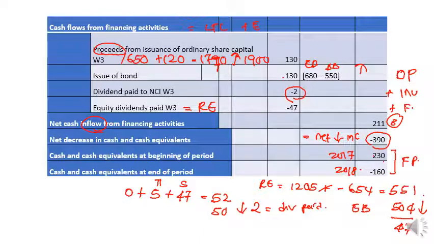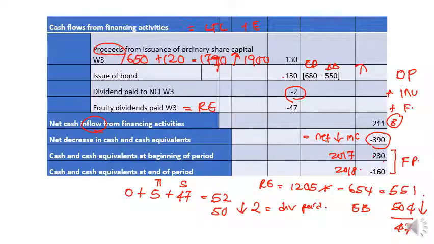Okay, the next one we need to look at is the NCI. For NCI here, the value at the beginning is 0. Then plus the profit allocated to the NCI, which is 5.